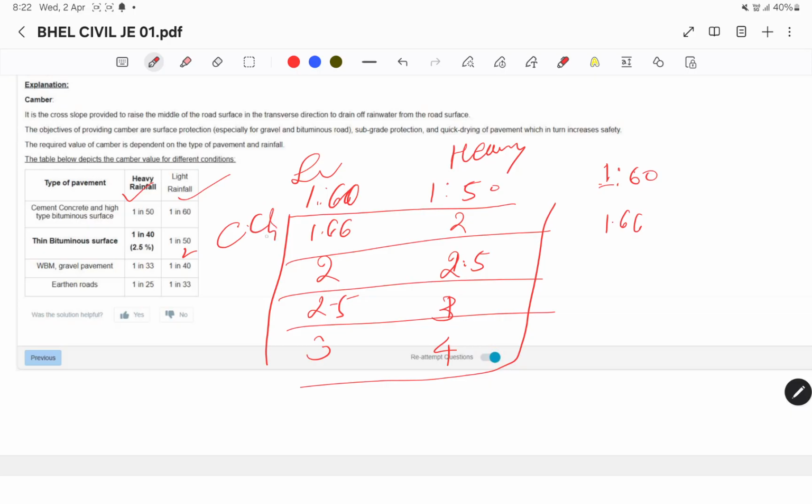Cement concrete and high-type bituminous surface, thin bituminous surface, water bound macadam, gravel pavement.